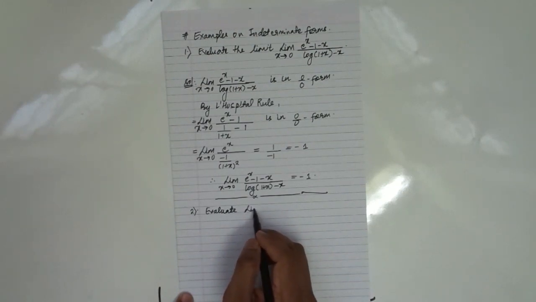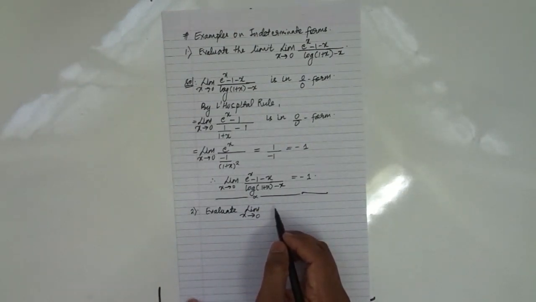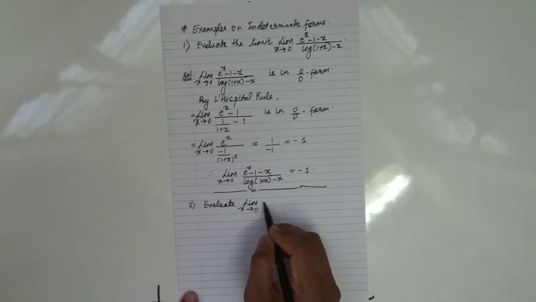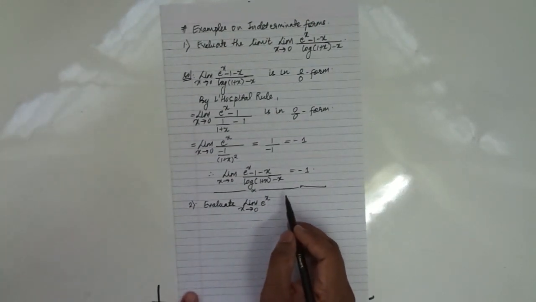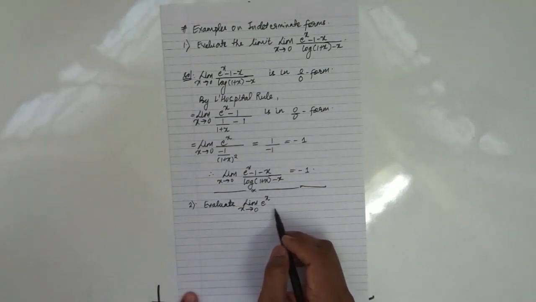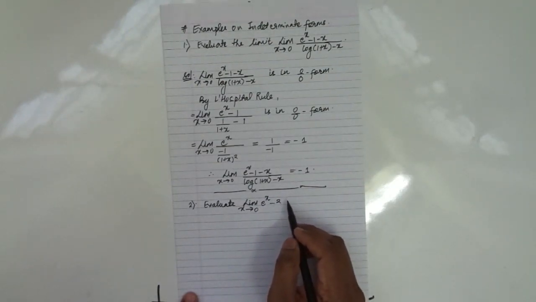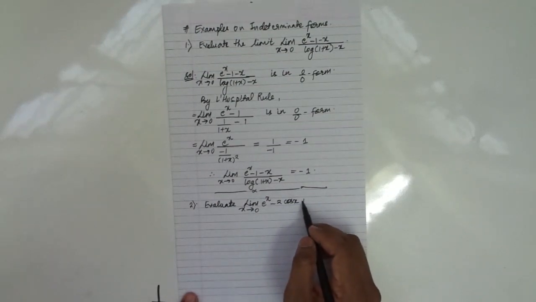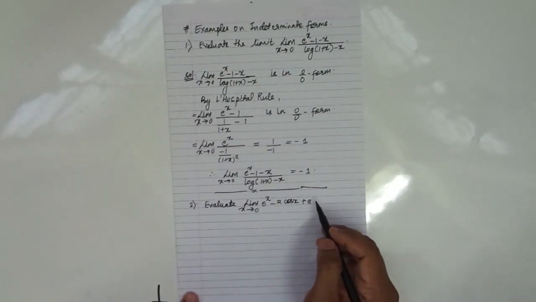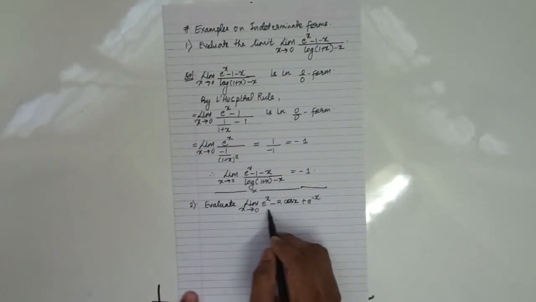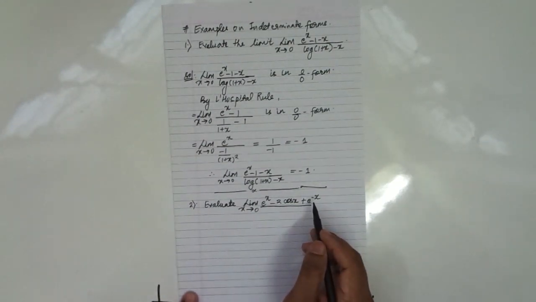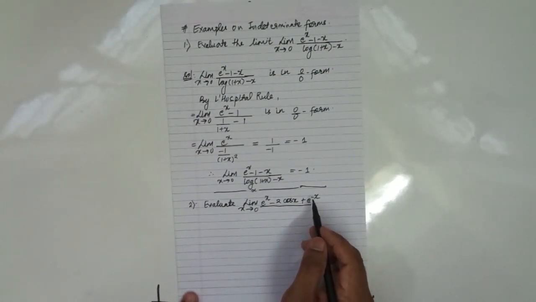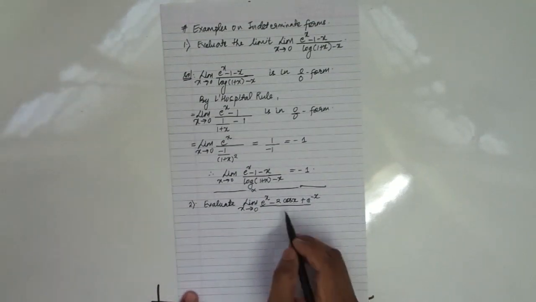Evaluate limit x tends to 0 e raised to x minus 2 times cos x plus e raised to minus x upon x sin x.